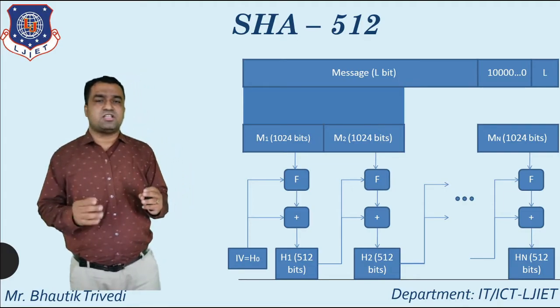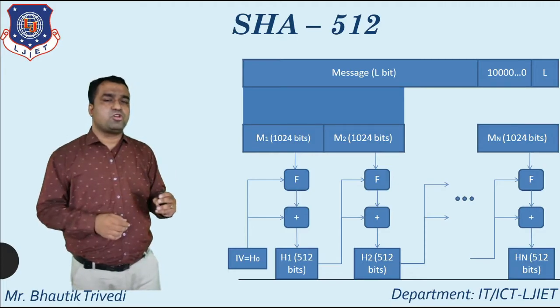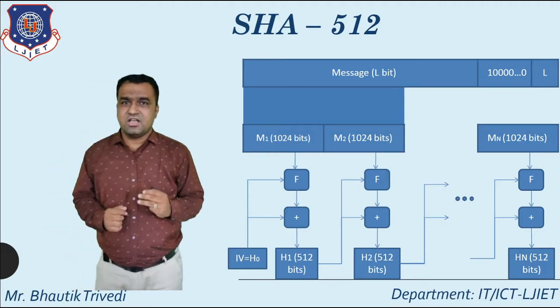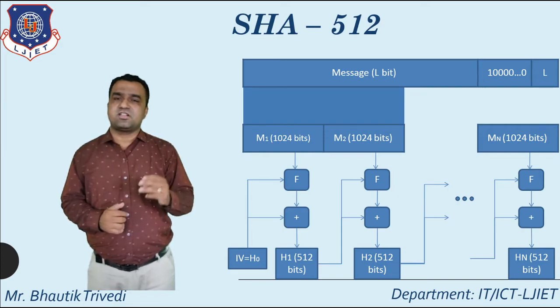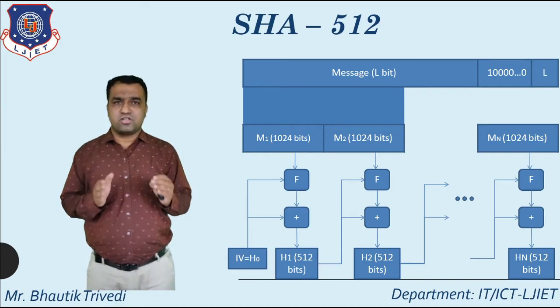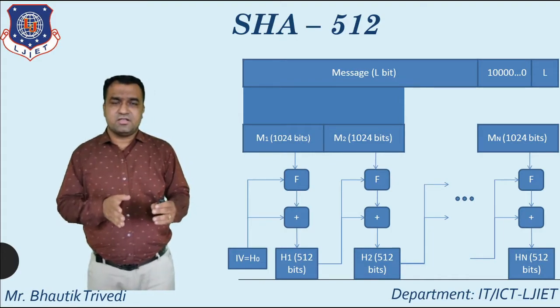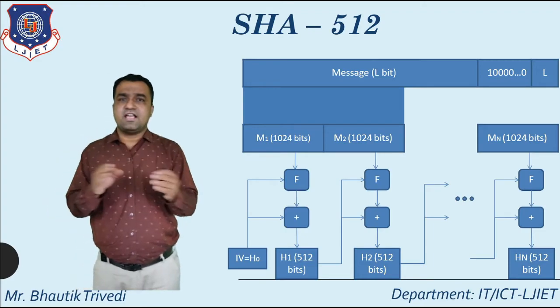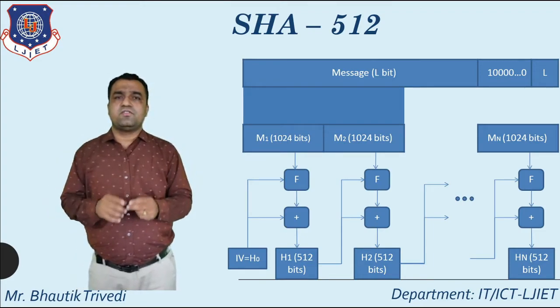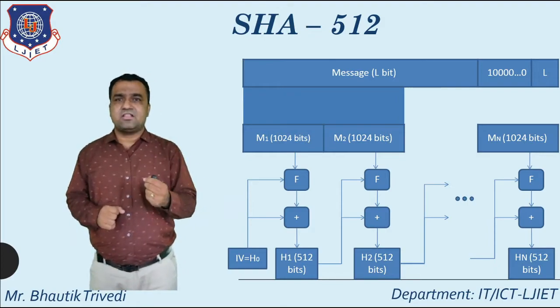Whatever the processing of 1024 bits, the output is a message digest of 512 bits of data. So first the message, then the padding, then the length, is divided into different message blocks. After that, applying the processing.